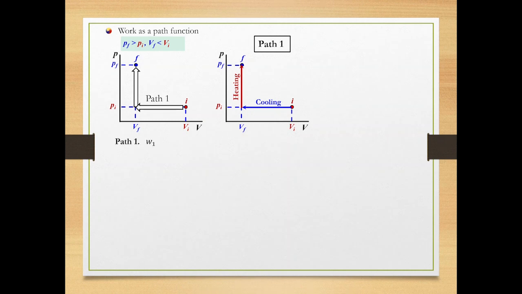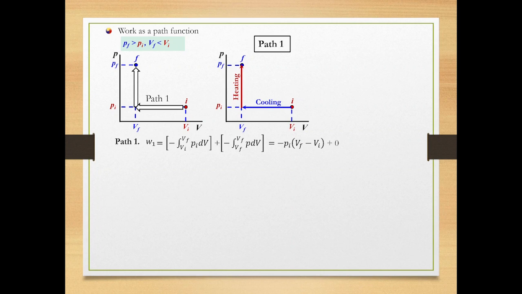The work done in path 1 is this. Negative integral from Vi to Vf Pi dV plus negative integral from Vf to Vf P dV. The first integral turns out to be negative Pi times Vf minus Vi. Be aware that the initial pressure Pi is a constant. The second integral is 0.